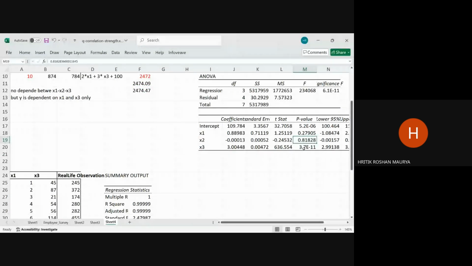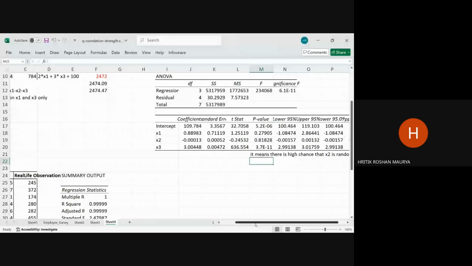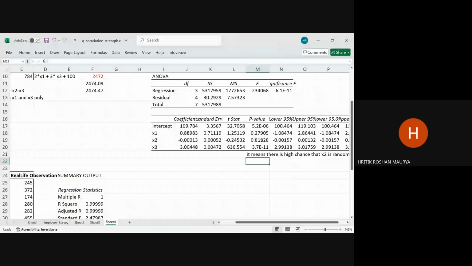It means there is a high chance that x2 is a random value, not affecting the prediction well. So this is represented by this value.